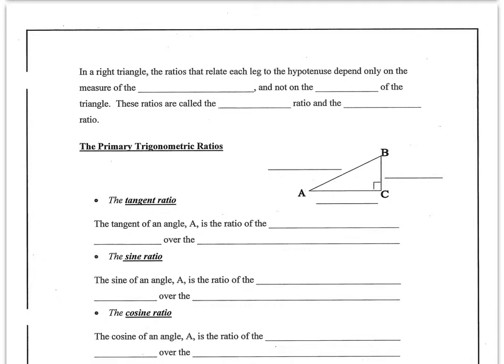In a right triangle, the ratios that relate each leg to the hypotenuse depend only on the measurement of the acute angle. Remember that acute angles are any angle that's less than 90 degrees.